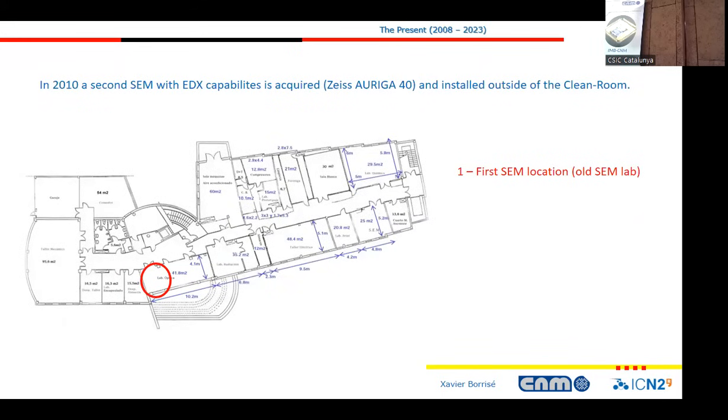Then, if we continue, in 2010 we bought a second SEM, because there was a high demand, but we saw that many experiments were outside of the clean room, so it was not necessary to have another SEM inside the clean room. So we started with a second SEM, which is this one, bought in 2010.